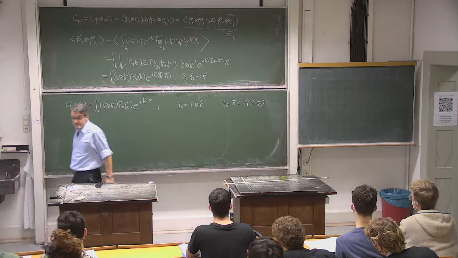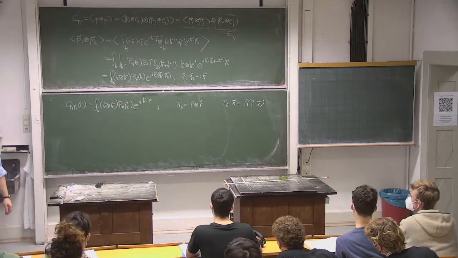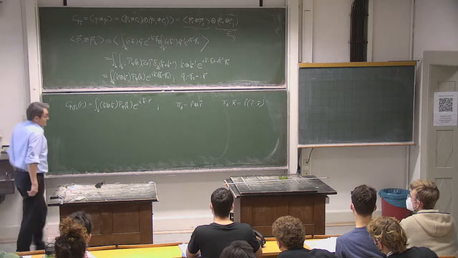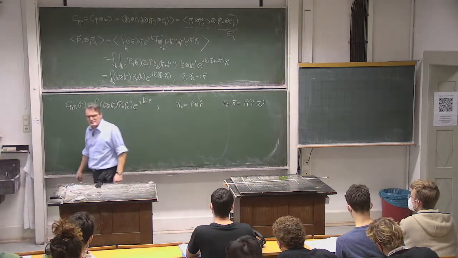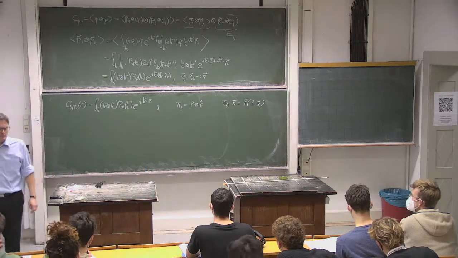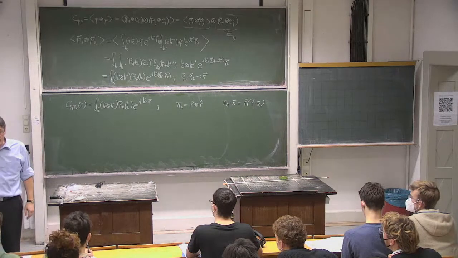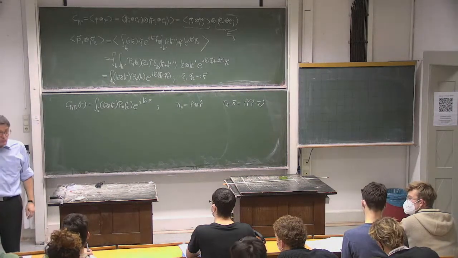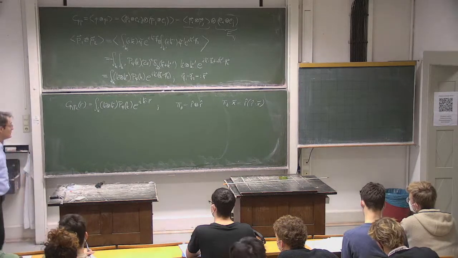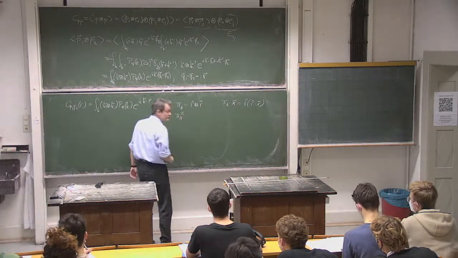So this is obviously the projector on the direction of r. By the way, what's the general definition of a projector? It's an operator whose square is equal to itself, right? Because once you have projected and you project once more, that shouldn't change anything. Is that correct?